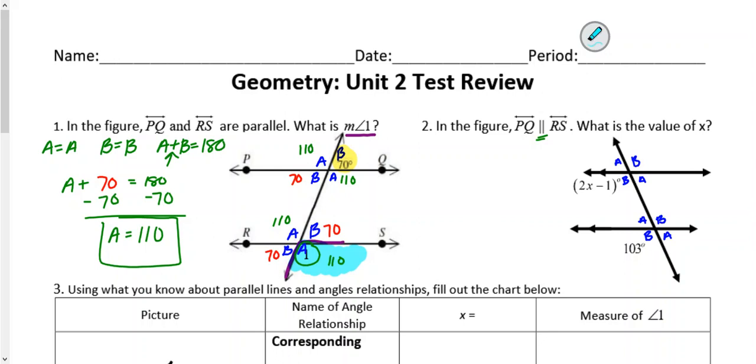Okay, so for this one, I know B equals 2x minus 1 and B equals 103. So if I look back to my rules that I wrote down in problem number 1, I have two B's. So I can use B equals B.